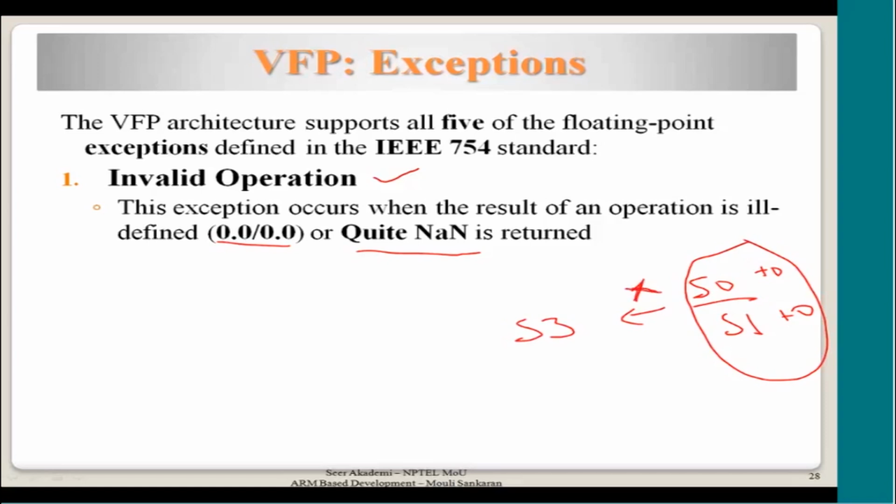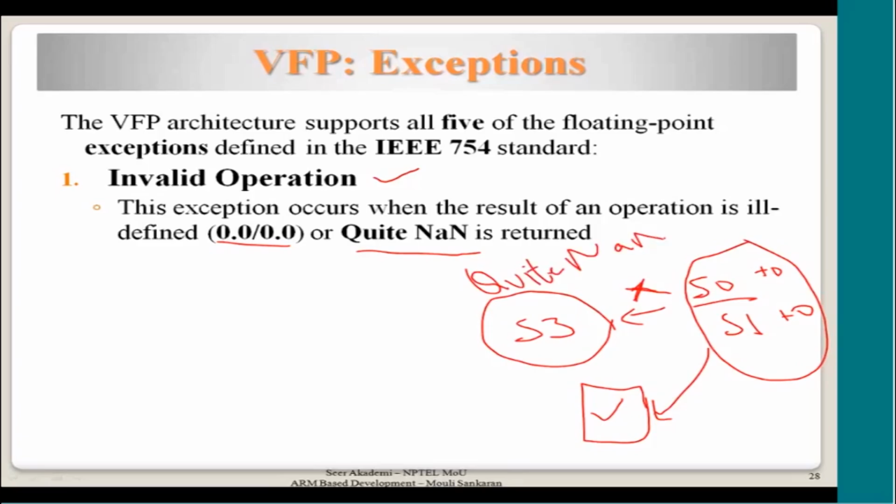So there are two possibilities. One is it generates an exception, so it goes to ARM, and ARM generates an undefined exception, and then the exception handler, the support code, handles it. Or you say that in S3 write a quiet NaN. A quiet NaN is a specific representation to say that I don't want to generate an exception; I want to suppress it by filling in the value with a quiet NaN.